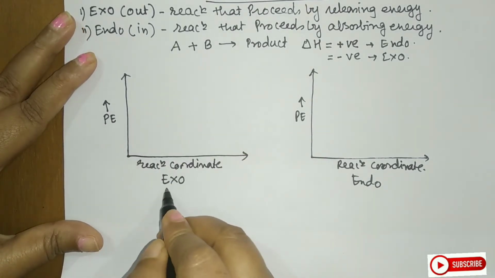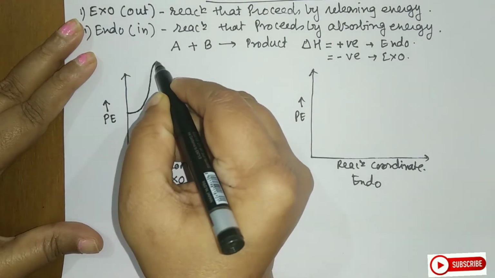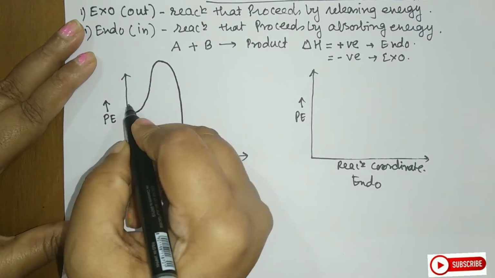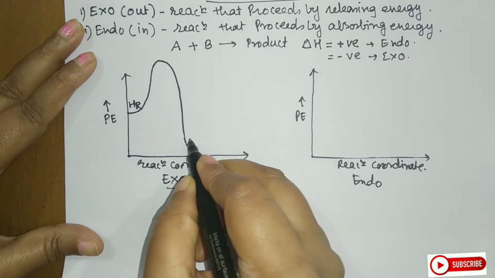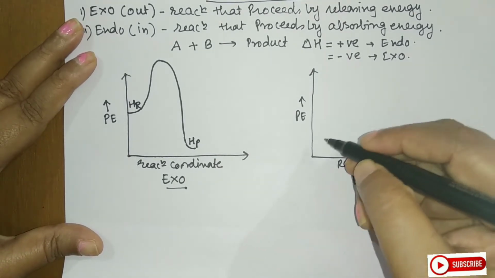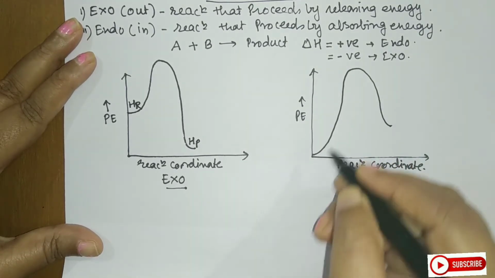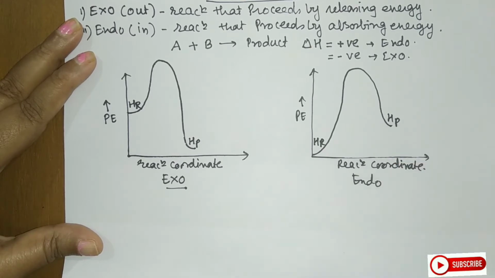You start from a higher level, go to the activation energy, and then come to the lower end. This is the enthalpy of the reactant, which I am marking as HR, and this is the enthalpy of the product.